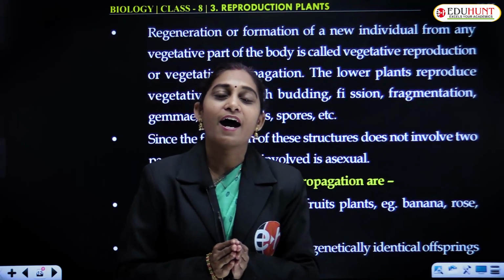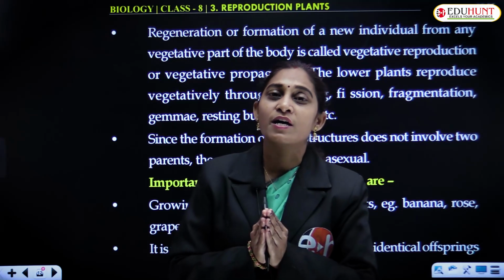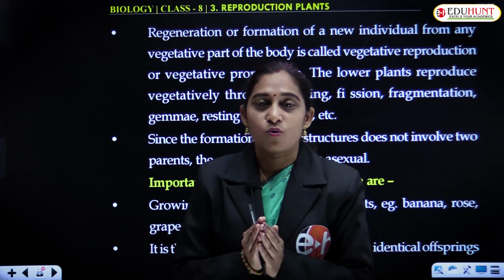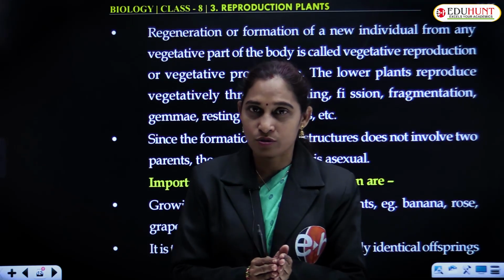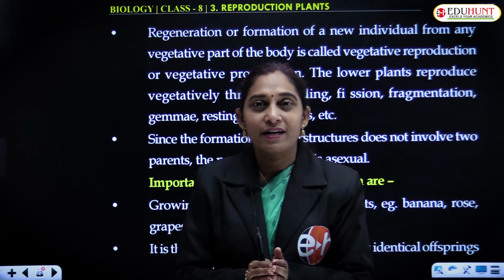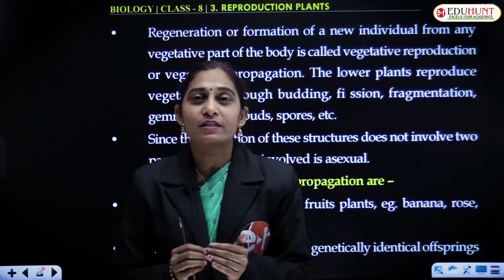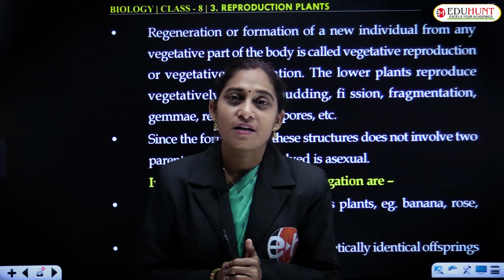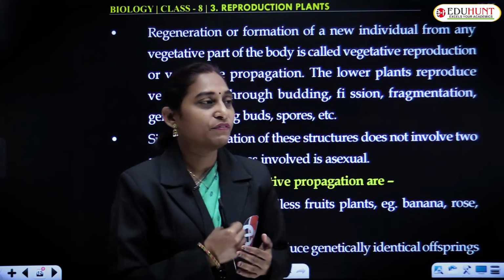Fungi and algae are the primitive plants which asexually reproduce through spores, and various types of spores we have seen like zoospores, chlamydospores, conidia. These are the resting spores, and whenever the onset of favorable conditions, they germinate and give rise to the new individuals.